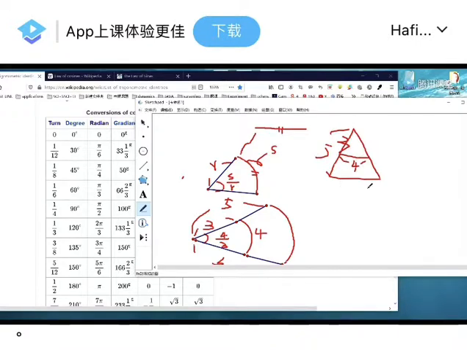So what does it mean? Suppose this is x. The ratio between 3 and 4 equals the ratio between 5 and x.